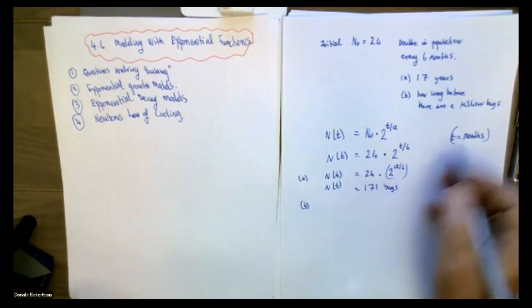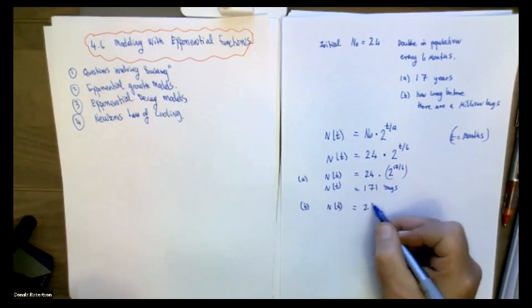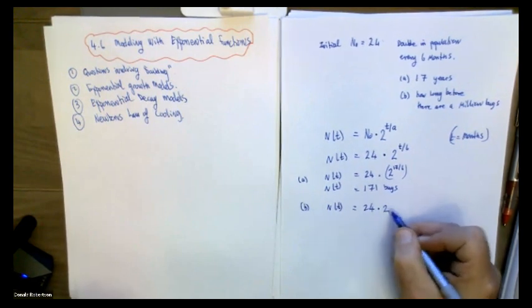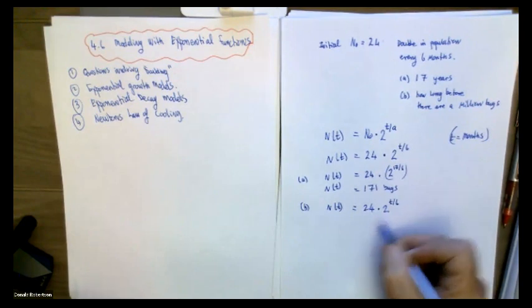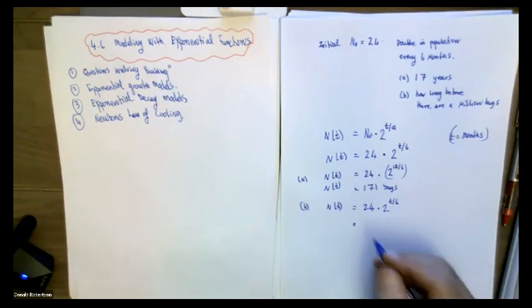I wonder how long it takes to get 1,000,000. So the formula is 24 times 2 to the t over 6. Well, you might think, oh, it'll take 1,000 years or some ridiculous amount, right? Well, maybe not.